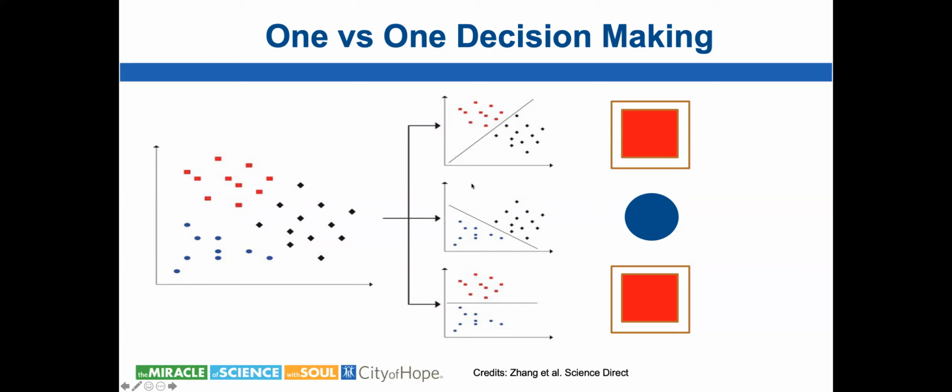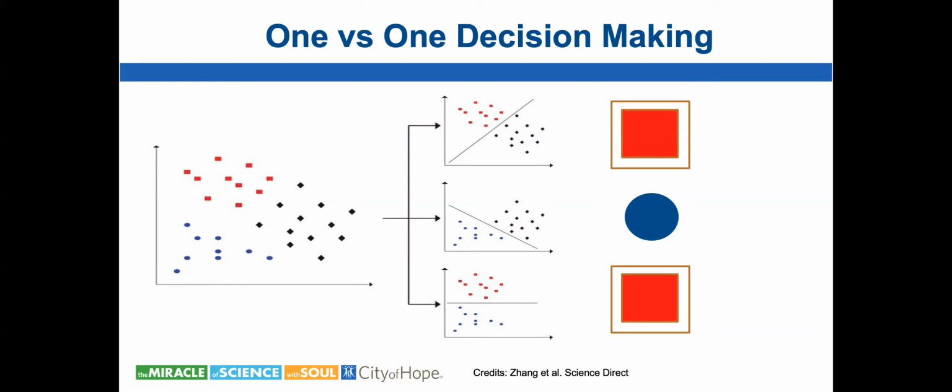In the second design here, we can see that the blue dot is predicted instead of a black diamond. And in the third design, we can see that the red square is predicted as opposed to the blue dot. So when you have this scenario, we can see that based on all the combinations, the red square was chosen the most times. And so because of that, we decide to go with the majority vote that our final prediction should be a red square.